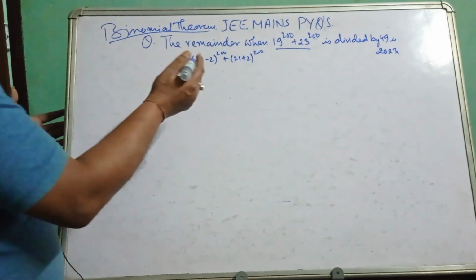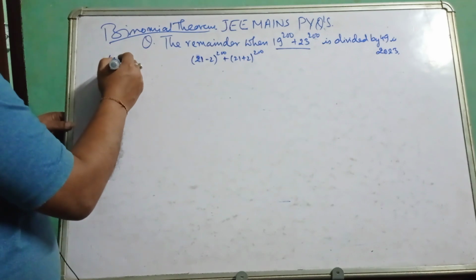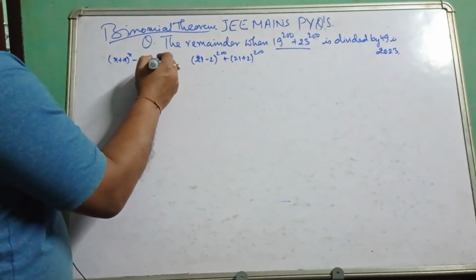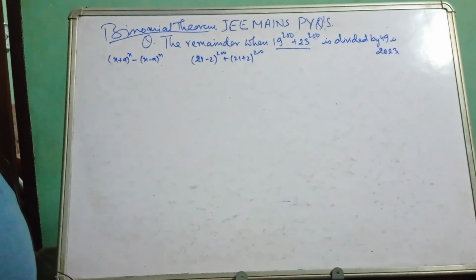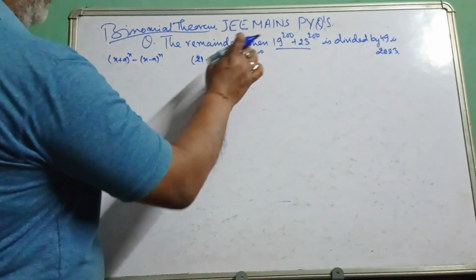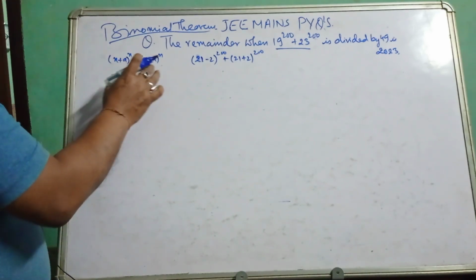There is a formula, but you can make this formula yourself: x plus a to the power of n minus x minus a to the power of n. So instead of expanding both sides, it is better to minimize it.